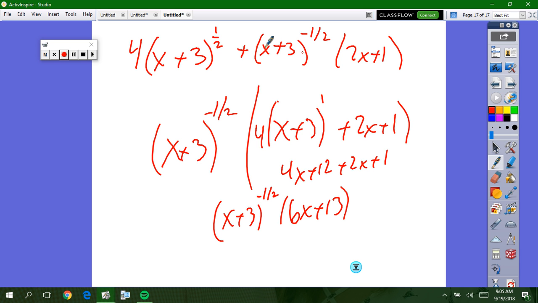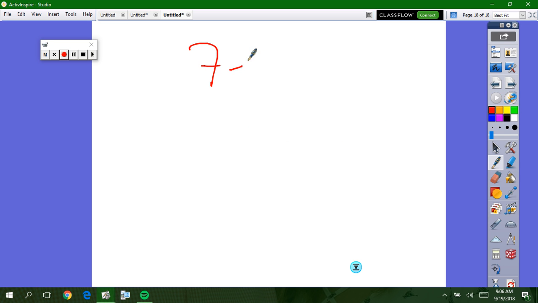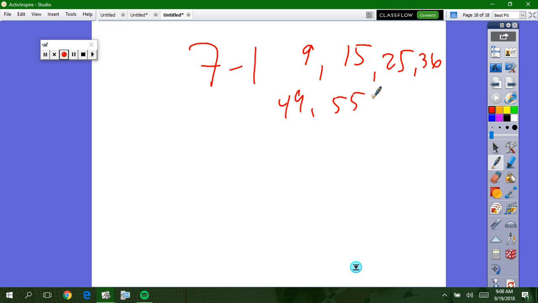If you want to know, it's page 540. 7-1: 9, 15, 25, just randomly picking some, 49, I like 36, I'm going to put 36 right here, sorry about that, 55, 63, 67, 85, 91, that'll be good there.